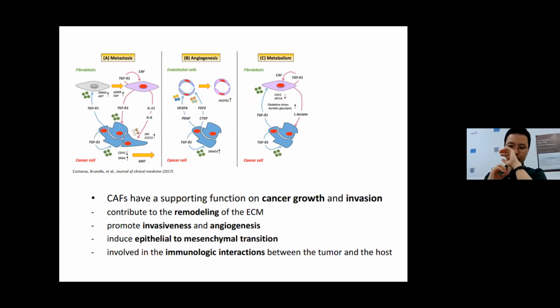They can induce epithelial to mesenchymal transition, and be involved in the immunological interaction between the tumor and the host. Consequently, they can have an effect on tumor metastasis, angiogenesis, and also tumor metabolism.